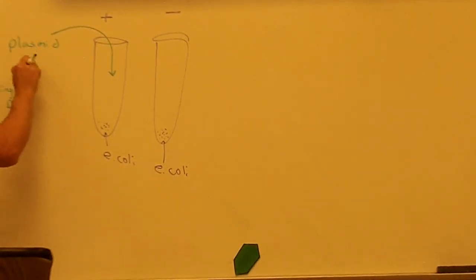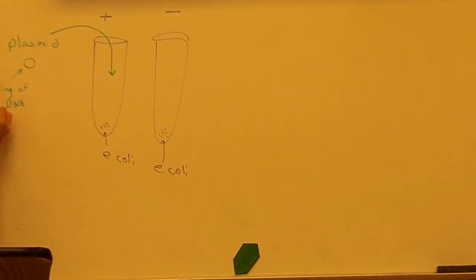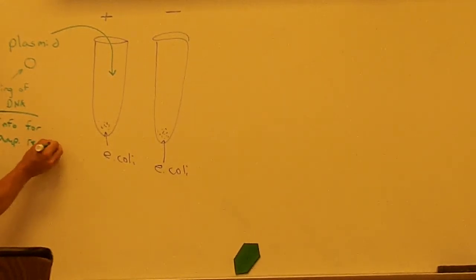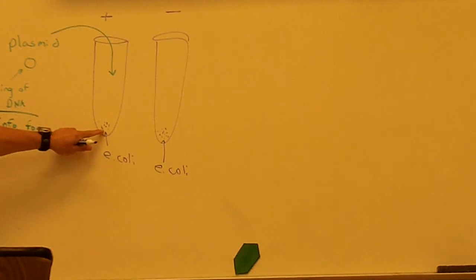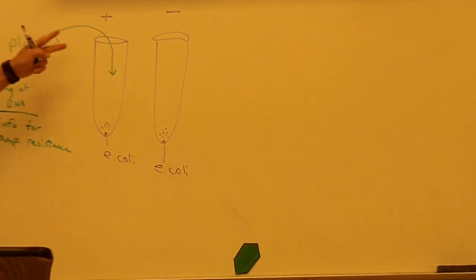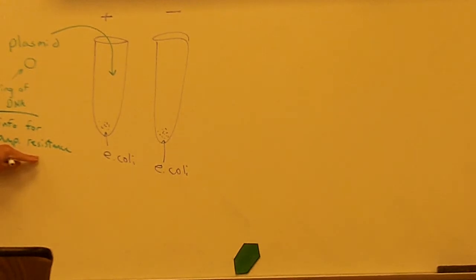And so this plasmid has info for ampicillin resistance. That means there's instructions on there that tells this E. coli to make a protein that helps them resist ampicillin.